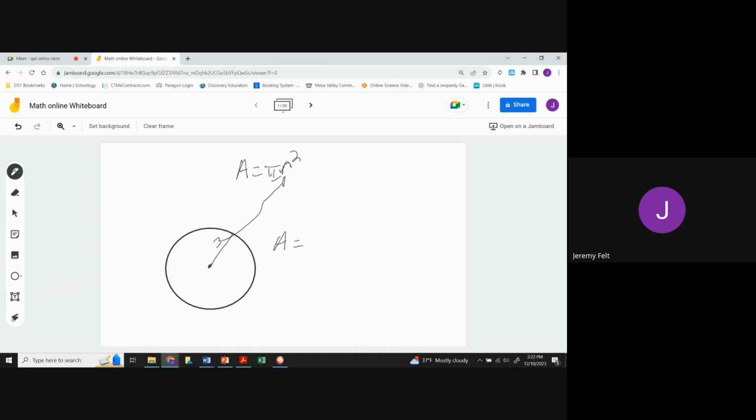The area equals 3.14 times 3 squared, which is 9. We get 28.26. It's still area, so it's units, centimeters, inches, whatever it is, squared.